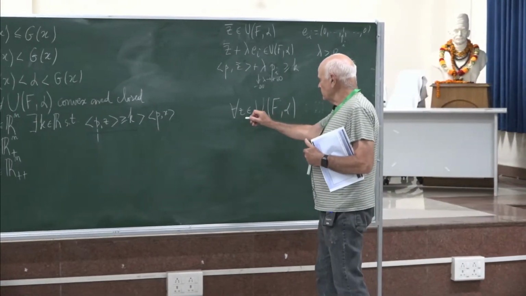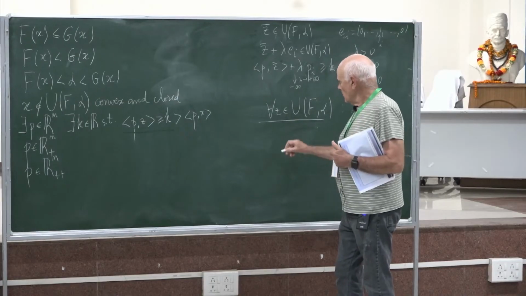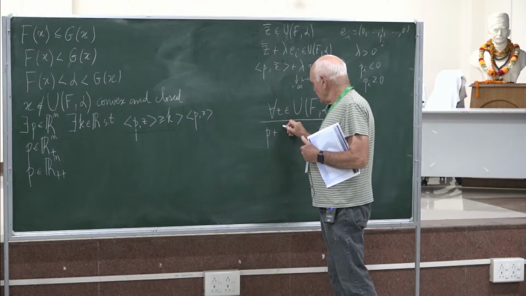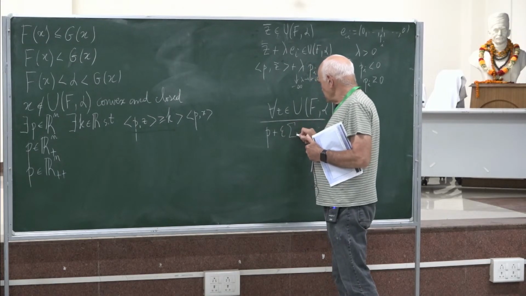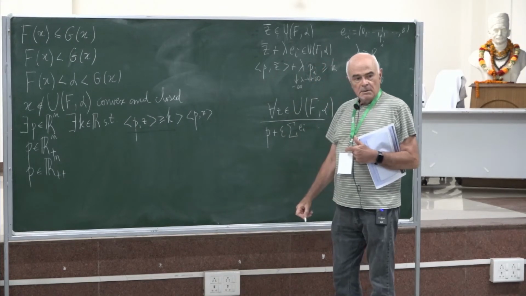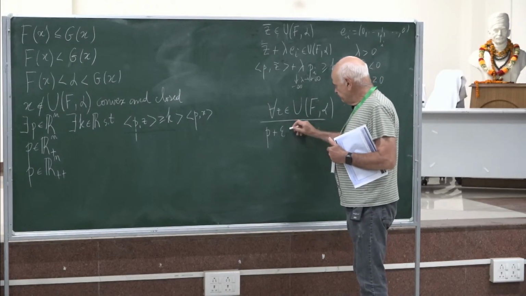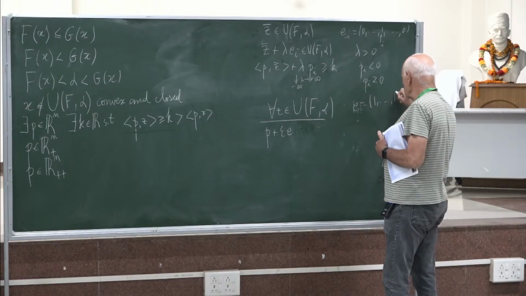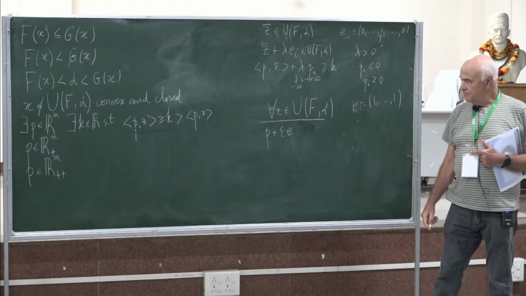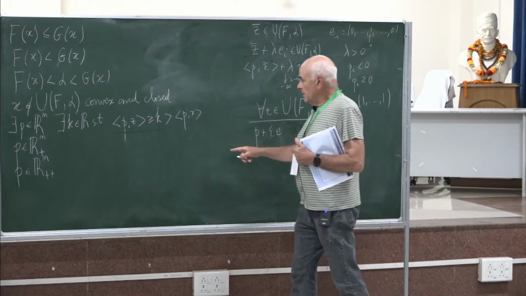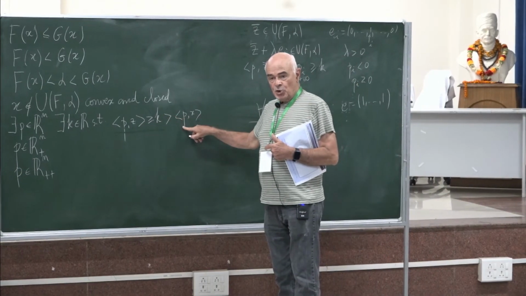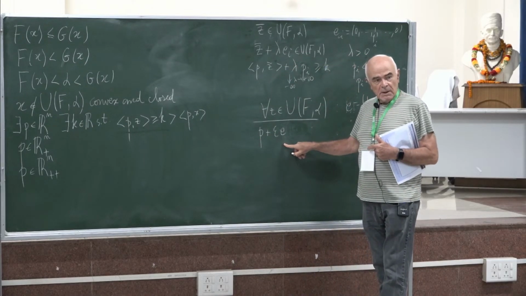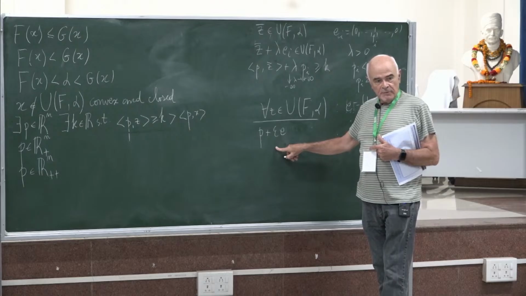So, I consider P plus epsilon E, where E is the all-ones vector, the sum of the Ei's. So E is 1, 1, 1. Then, if P does this job, this does this job too, as long as epsilon is small enough.